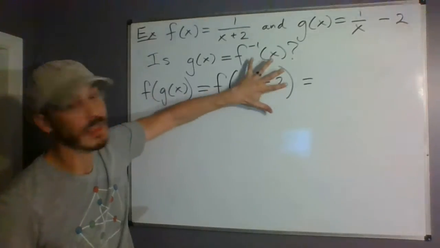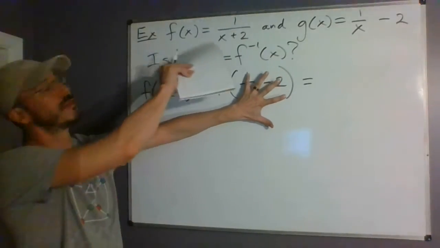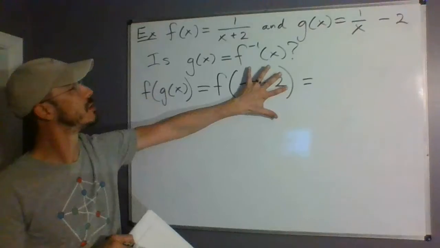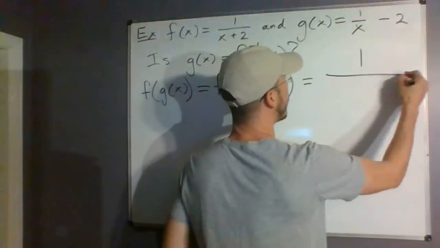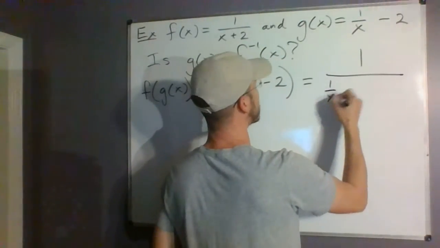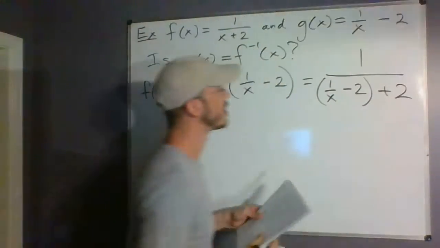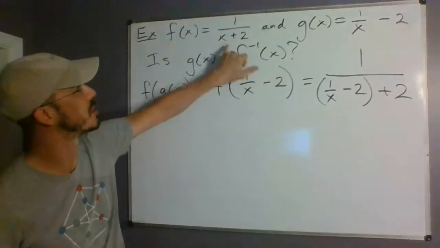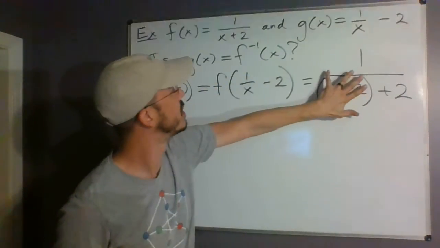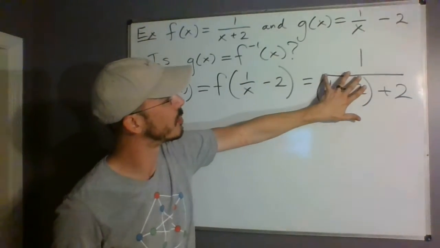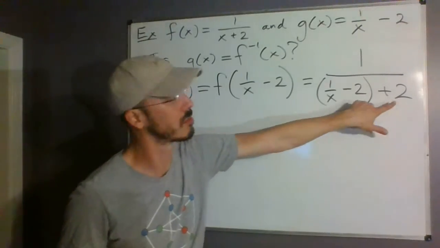Now I'm going to plug that expression in for x in my f function: 1 over x minus 2, plus 2. See, I've taken this expression and substituted for the variable in the f formula. 1 over g of x plus 2.